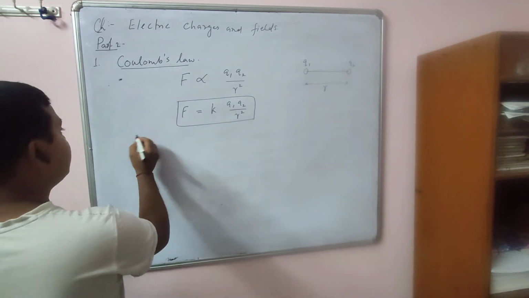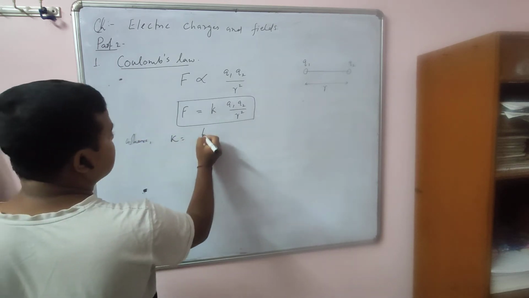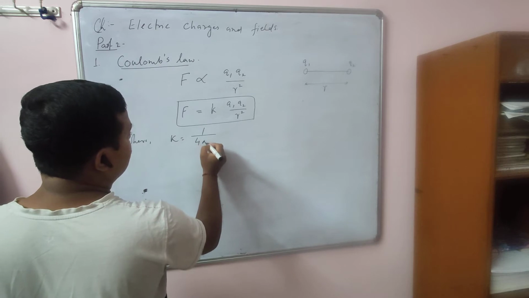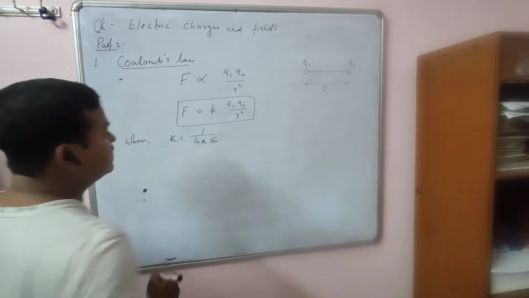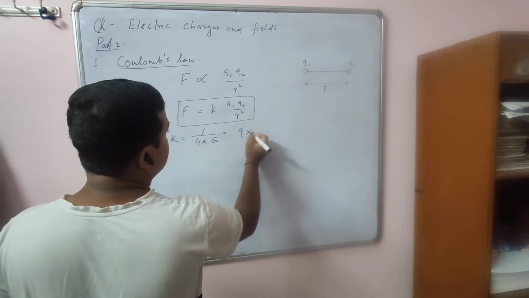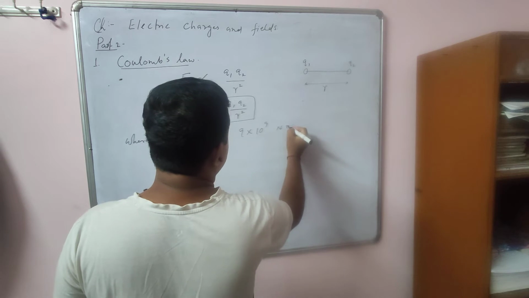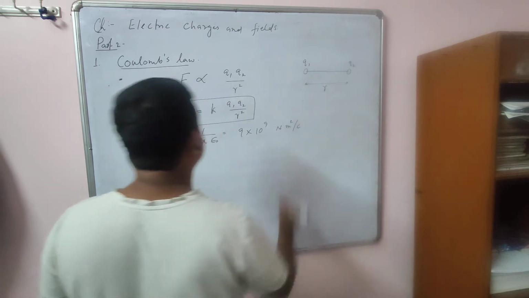Now here the value of K is given by 1 by 4 pi epsilon naught. This is a constant. Its value is 9 into 10 to the power 9 Newton meter square per Coulomb.